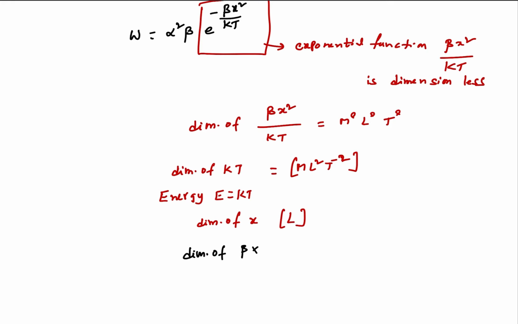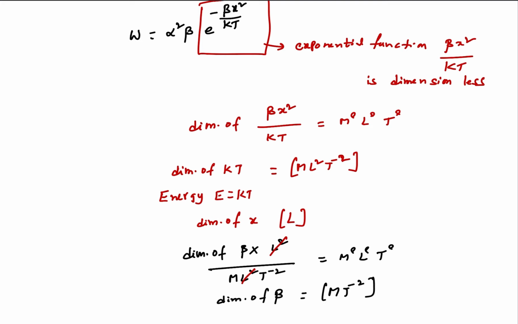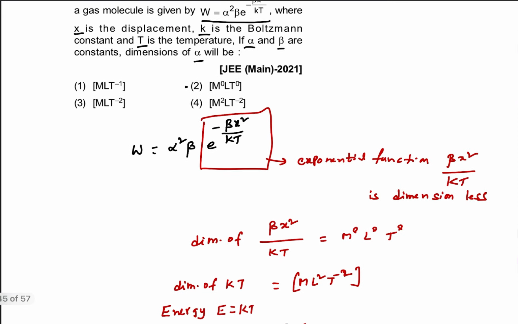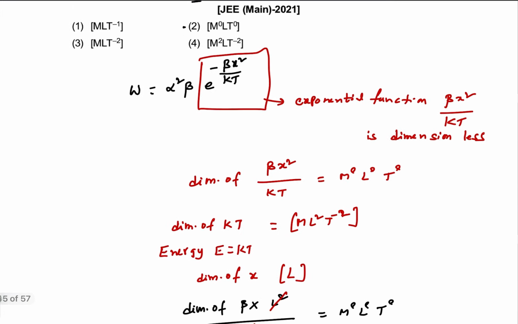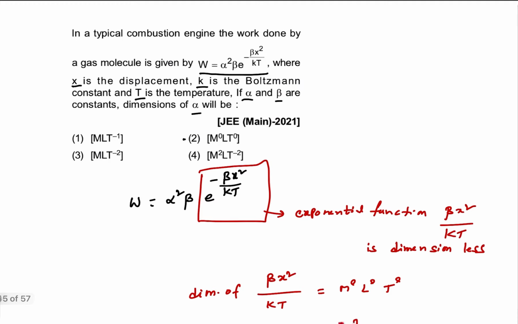From this you can write the dimension of beta into x square is L square divided by the dimension of kT, M L square T power minus 2, that is M power 0, L power 0, T power 0. From this, L square and L square get cancelled, so the dimension of beta is equal to M T power minus 2.